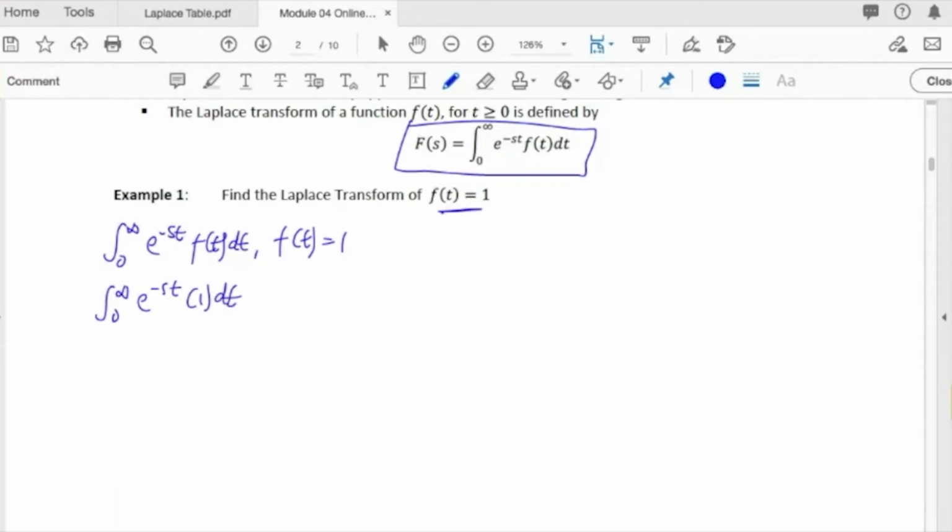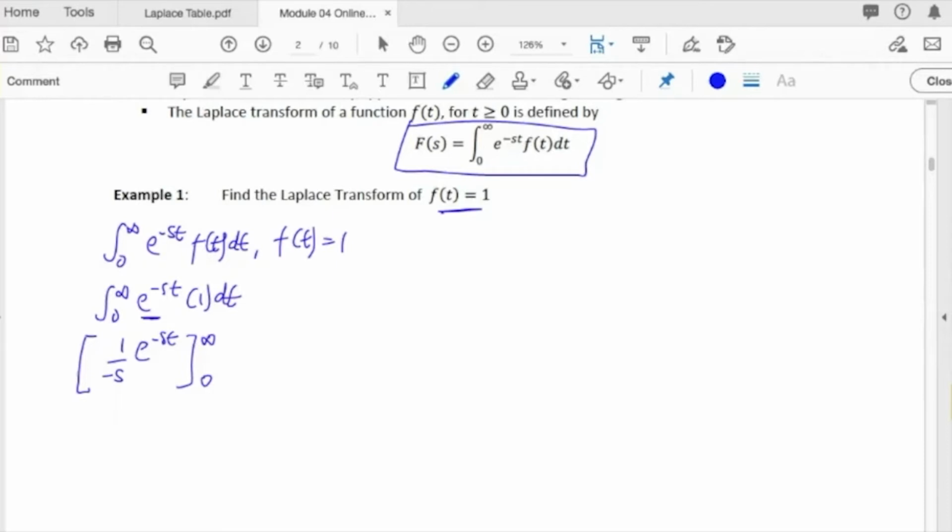If we integrate e to the power of negative st, we get negative 1 over s times e to the negative st, and then we put in the limits 0 to infinity.